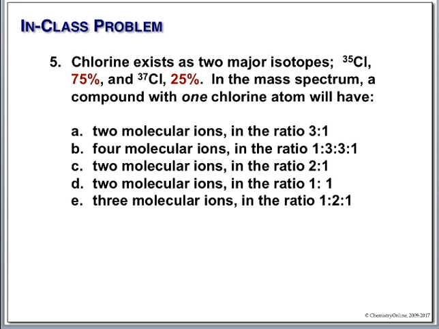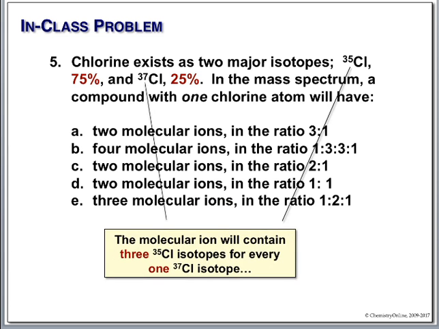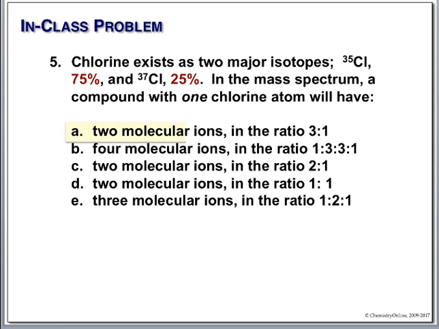So our ratio here is going to be 3 35s for every 1 37. So if you're going to look at the actual molecular weight of the ion, it must have this same ratio, simply 3 to 1.